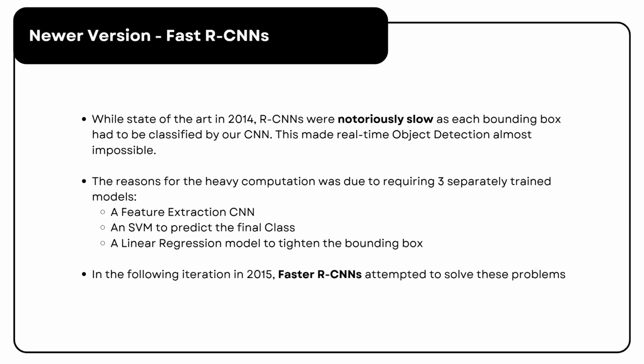Although RCNN was state of the art in 2014, it was also notoriously slow because for every image, RCNN would generate 2,000 region proposals, and then it had to pass each region individually through a CNN for feature extraction, and then classify each one using a separate SVM.